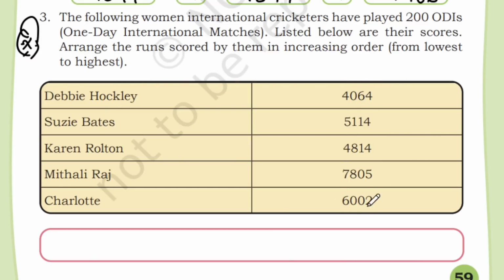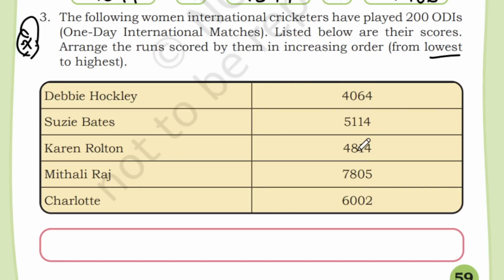So first, all the numbers are in thousands. So we will check the least number first. We have to arrange from lowest. So this is the first one, 4. And oh no, sorry, we have 4 twice. So thousands place 4, 4.